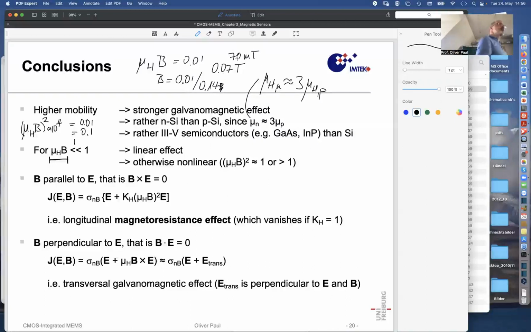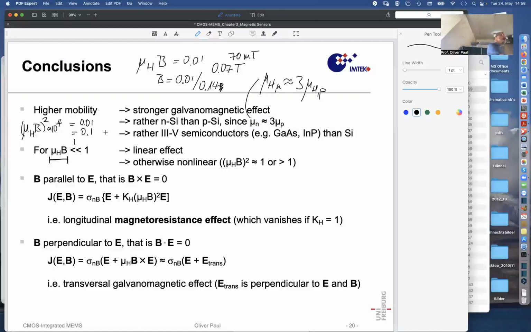For B fields below 70 millitesla, we are on the safe side. And I tell you, even with 0.1, we're still pretty much on the safe side. Then we have an effect that is 10% of the original thing, and the disturbing second order effect is 1% of the original thing.